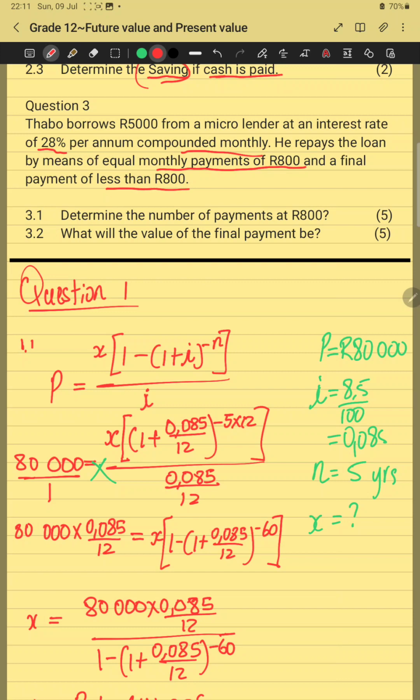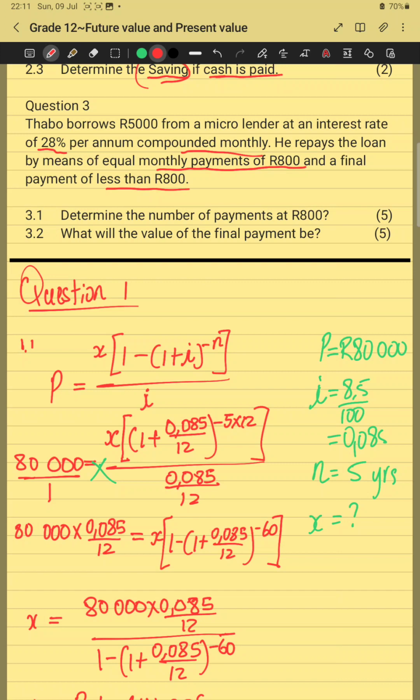So Thabo borrows an amount of money from a micro lender. So that amount of money is 5,000. Then he repays the loan by means of equal monthly payments, meaning that he is paying an amount of 800 in each month, trying to pay back the loan.